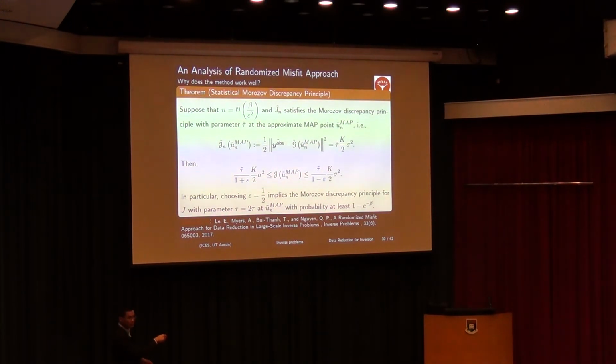But we are not interested in the reduced problem. We are interested in the original problem. We show that if your reduced solution satisfies the Morozov discrepancy principle, it turns out it is also a solution for the original problem. That's what we can show.